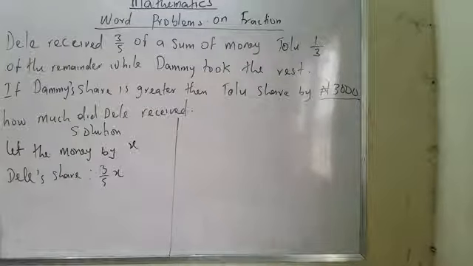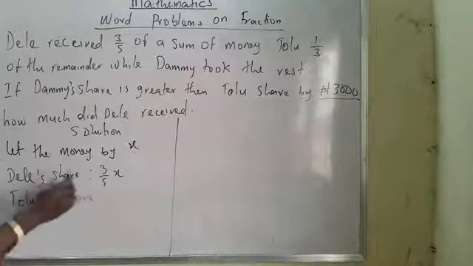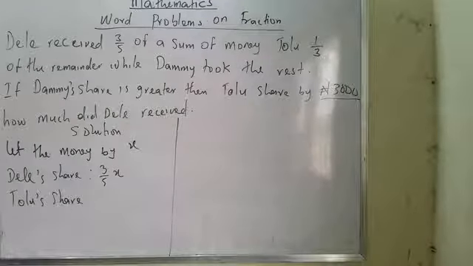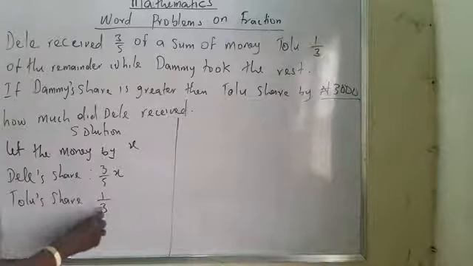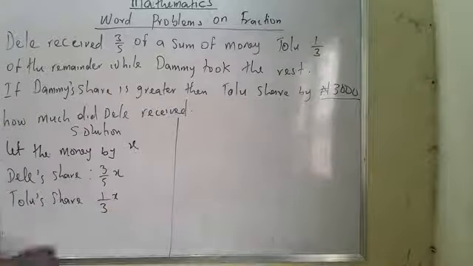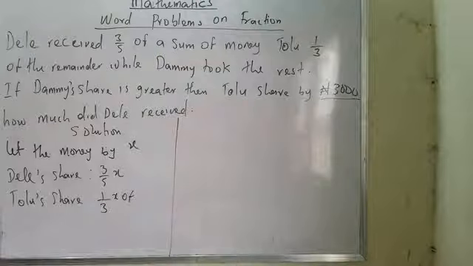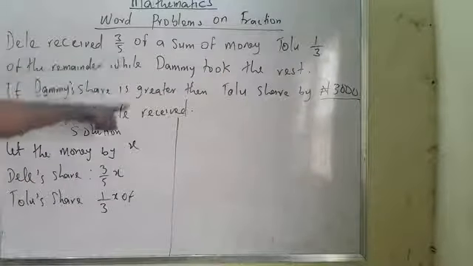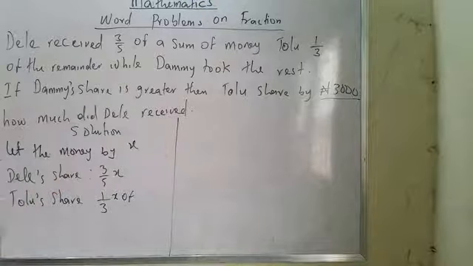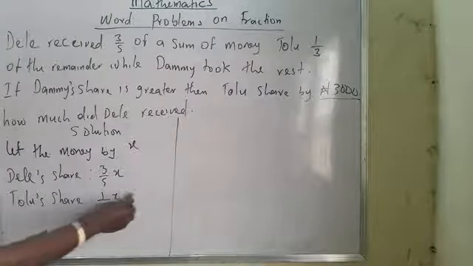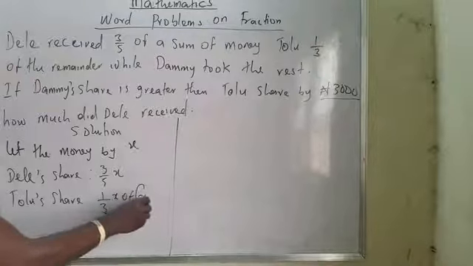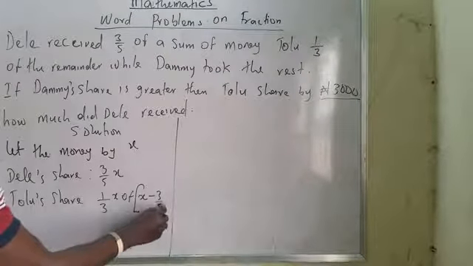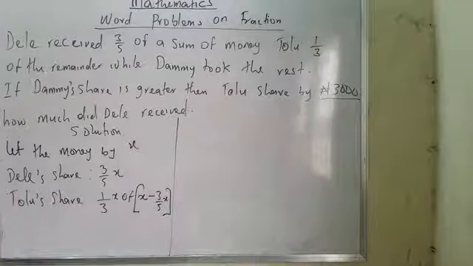Tolu's share will be 1/3 of the remainder, while Dami took the rest. This is very important. It means 1/3 of 1x minus 3/5 of x. That is very, very important.